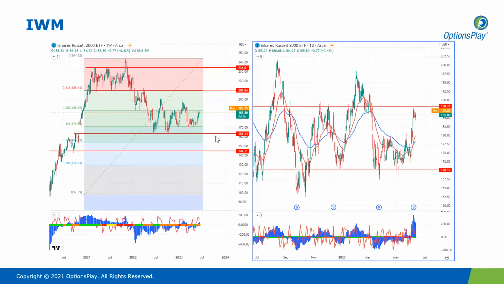Moving on to IWM, which is the Russell 2000 ETF. So small caps have definitely been outperforming in the last few days. We saw a long period of consolidation with minor resistance at 180 and price unable to break above that resistance level, but also respecting the 170 level, which is a 50% fib area here on the weekly time frame.